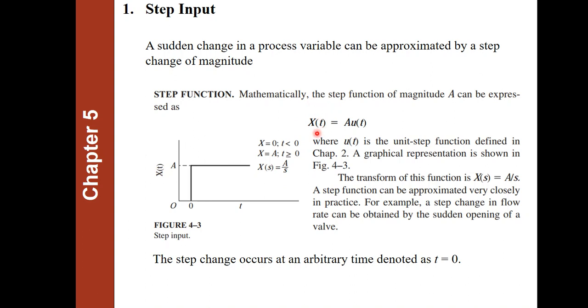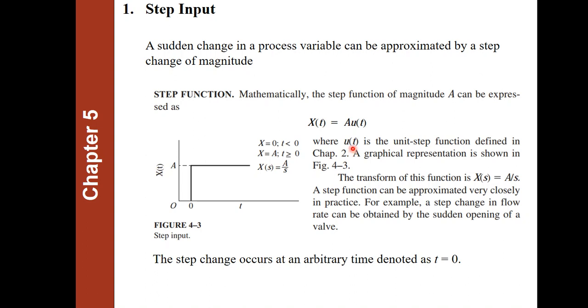If you recall, this is x minus x sub s, where x is its current condition and x sub s is its steady state condition. So this represents how much the current condition of the input variable x has changed from the steady state condition.